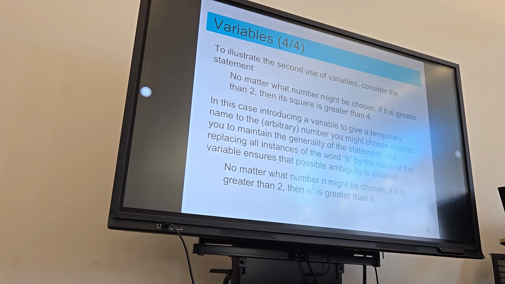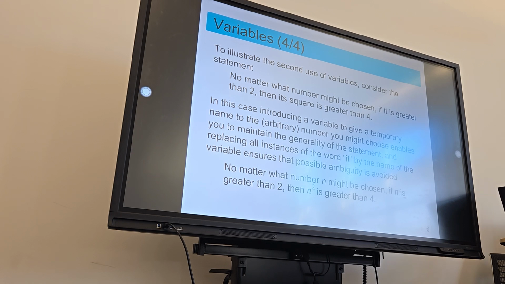The second use of variables: no matter what number might be chosen, if it is greater than 2, then its square is greater than 4. In this case, a variable has a temporary name for whatever number, and it makes the statement general across all values specified in the statement.